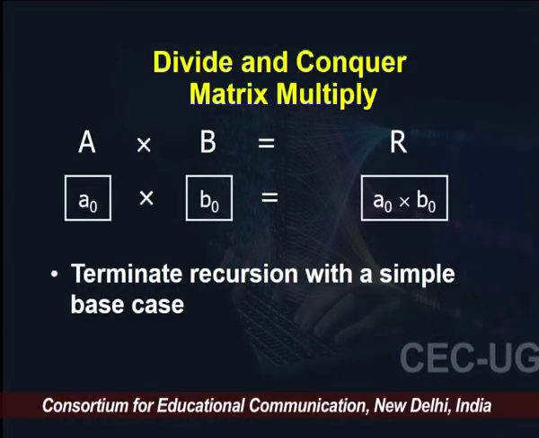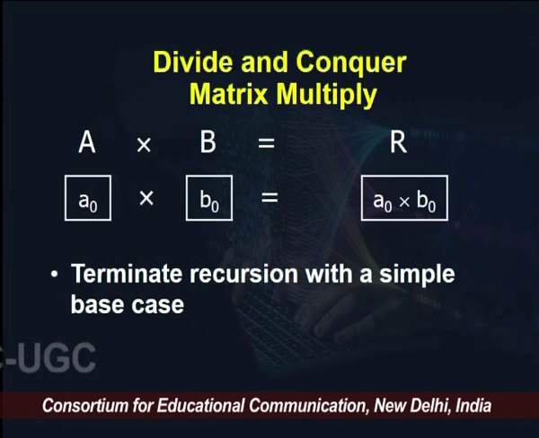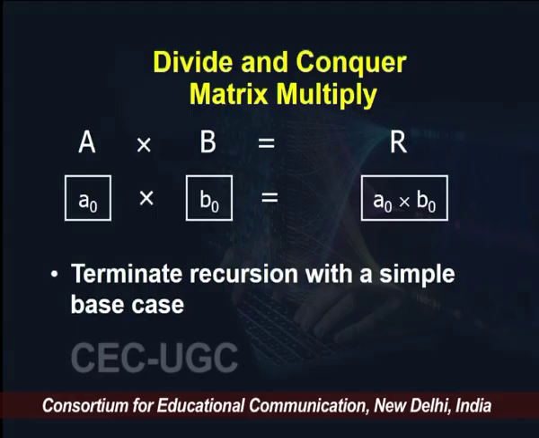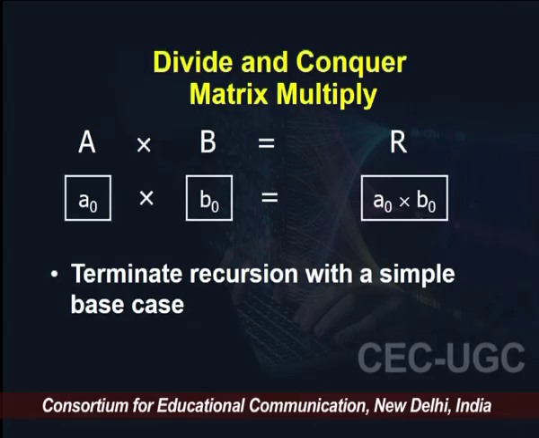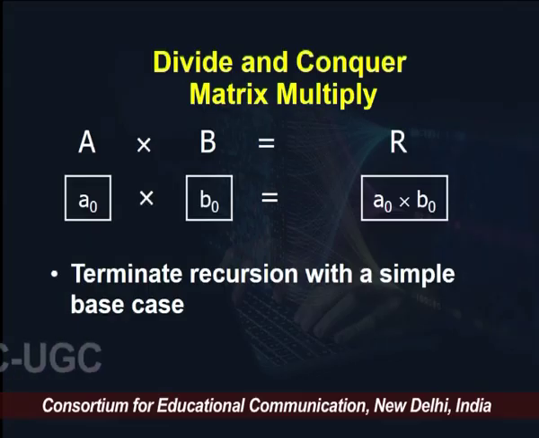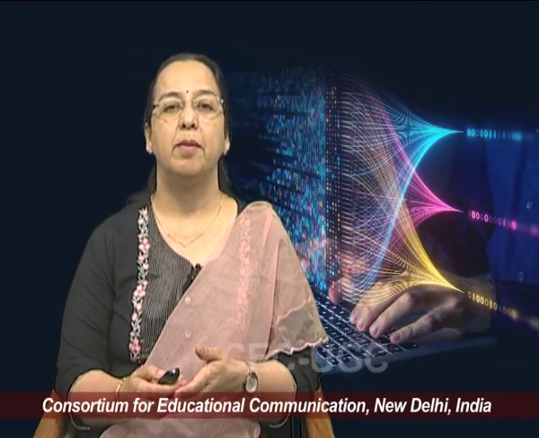So, in order to terminate the recursion, we have a simple base case here, where A and B are nothing but single elements, A0 and B0, and the resultant matrix is obviously A0 multiplied by B0. So, this is a simple base case to terminate the recursion.